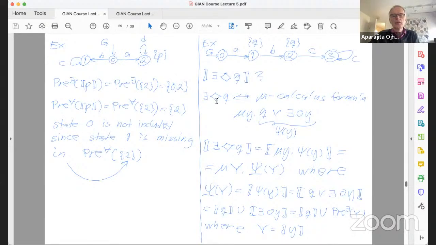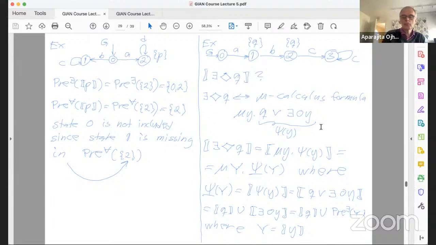Now, we can say that every type of temporal logic expression, the basic ones, has a corresponding mu calculus formula. And when I give exercises and also exams for my students, I give them a translation table from every standard CTL expression, mainly, to a mu calculus formula.